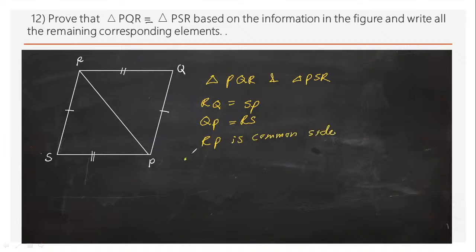So therefore we can say triangle PQR congruent to triangle PSR, situation side, side, side case. Then the corresponding elements of congruent triangles are equal.